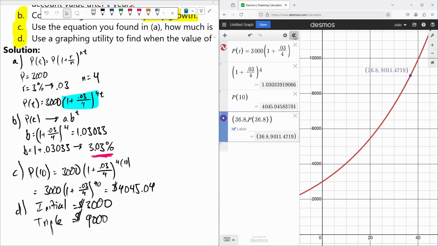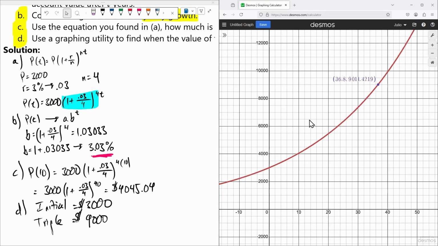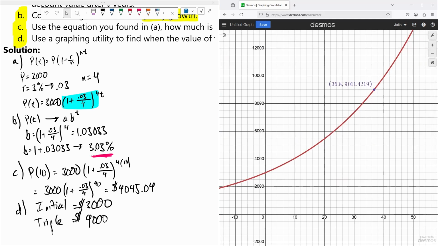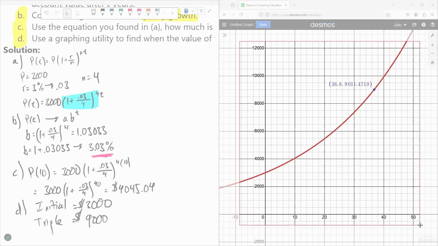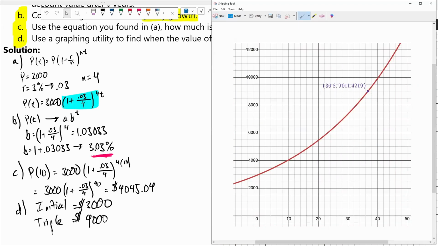Now, I'm going to go ahead and take a picture of this right here. Okay? So we have it in our notes. Whoa. Blammo. Okay? Paste and make it tiny. There we go.